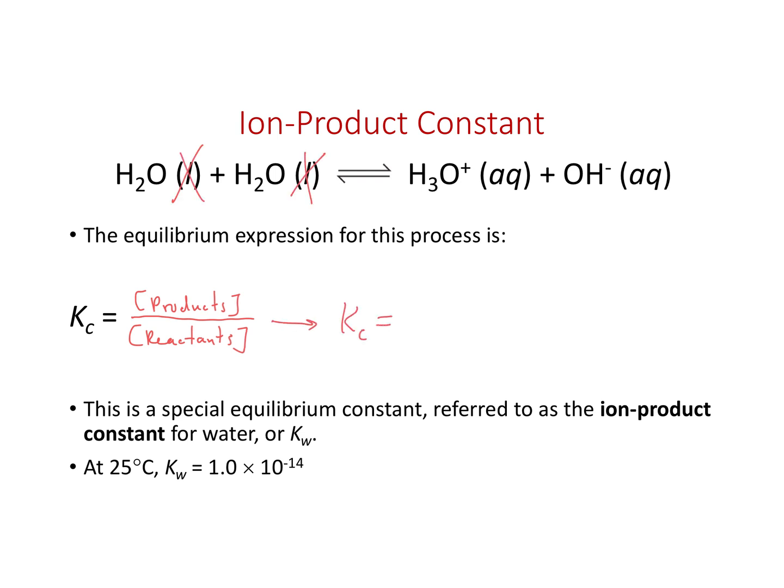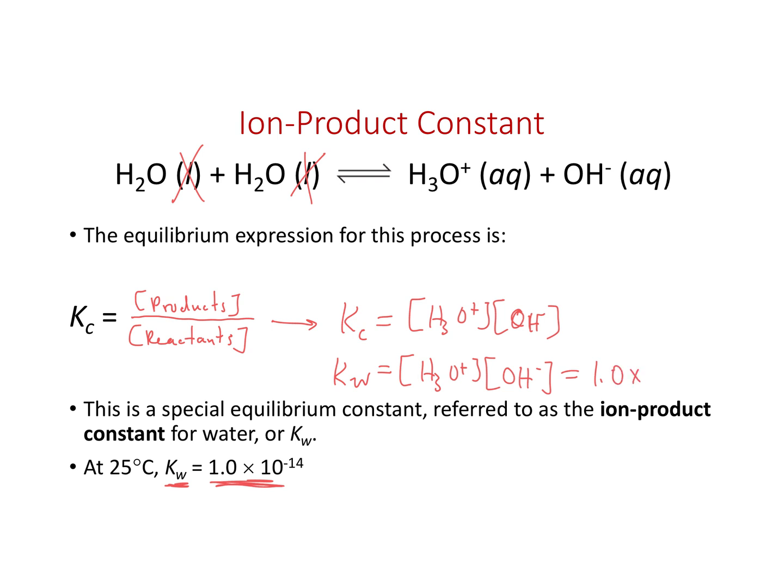So my equilibrium expression for this reaction is simply going to be concentration of hydronium times the concentration of hydroxide in solution. This is known. This is the ion product constant for water, and so we rename this Kc actually the Kw. The ion product constant for water, and we know at 25 degrees this equilibrium constant is 1 times 10 to the minus 14.